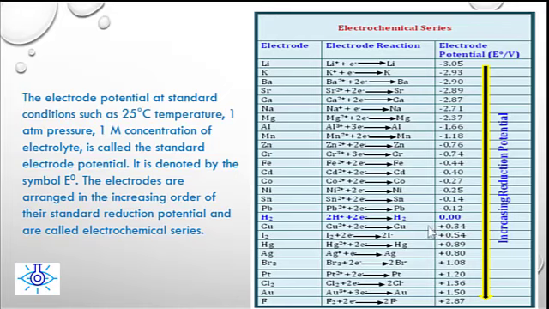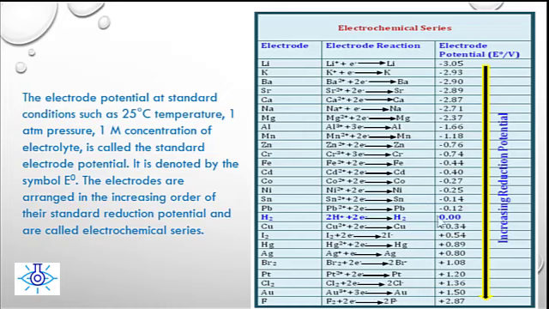Similarly, if the standard electrode potential is negative, then the reduced form of that species is less stable than hydrogen.